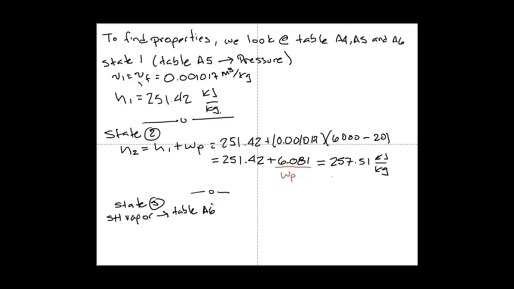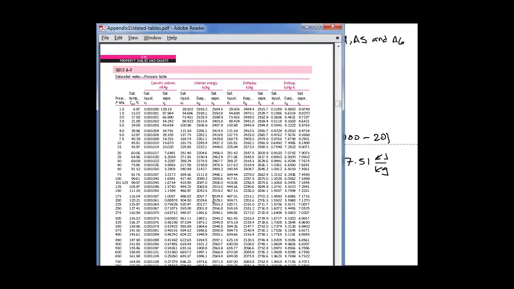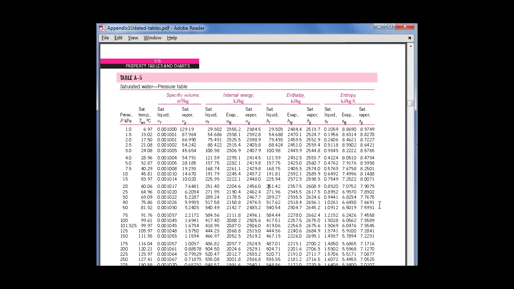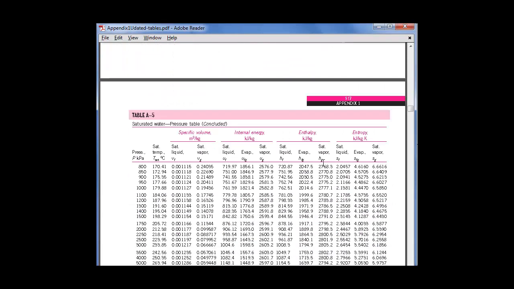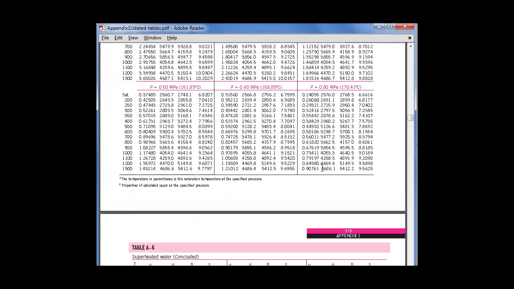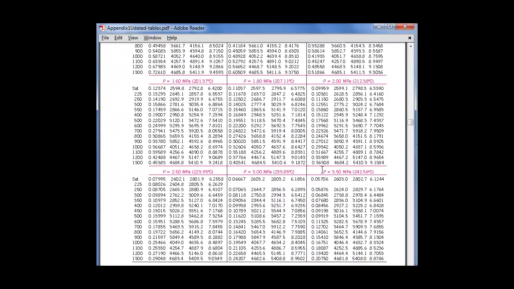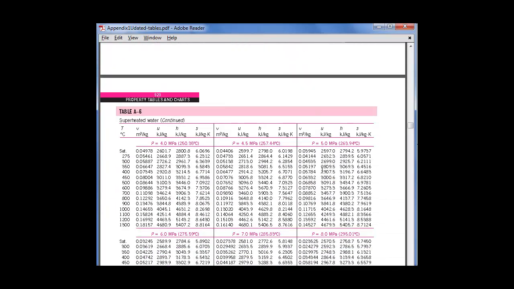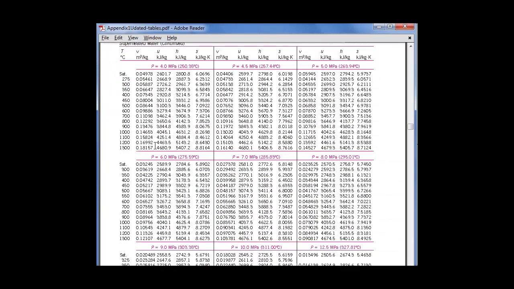And we're going to find this data in table A6 instead of table A5. In this table we need two properties. The properties that are listed here are pressure and temperature, but we can get any combination of two. For this problem we're going to use pressure, which is 6 megapascal.